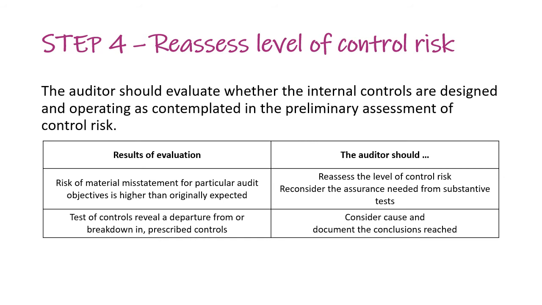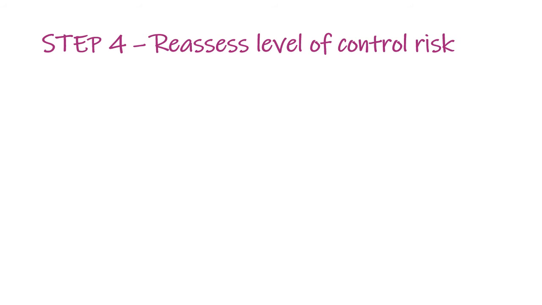So what the auditor should do is to reassess the level of the control risk and reconsider the assurance needed from substantive testing. So pwede nimong i-more extensive imuhang substantive test. If also you evaluate that the test of controls reveal a departure from or breakdown in the prescribed controls, then you consider the specific cause and document the conclusions reached.